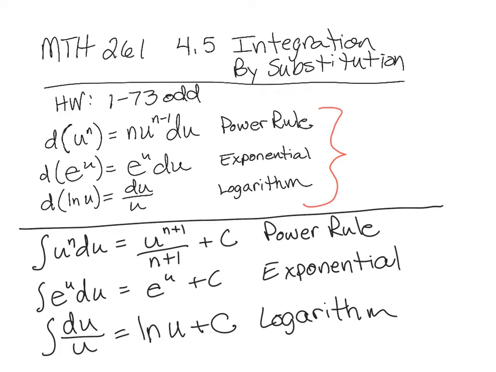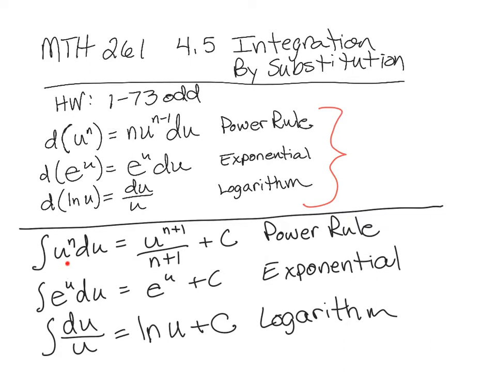Remember, you only have three types of derivatives that you've learned that are chain rule derivatives. The power rule, the exponential problems, and the logarithms. So there's only three integrals that you have to learn. All right, let's get going. If I have the integral of blob to the power, I have to make sure that the derivative of the blob is in the question before I can take this integral.